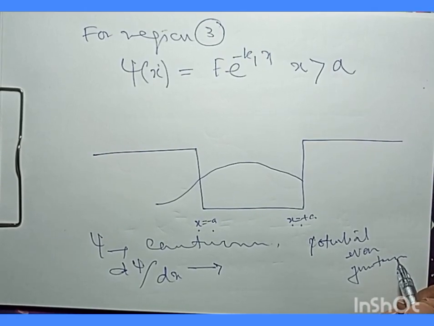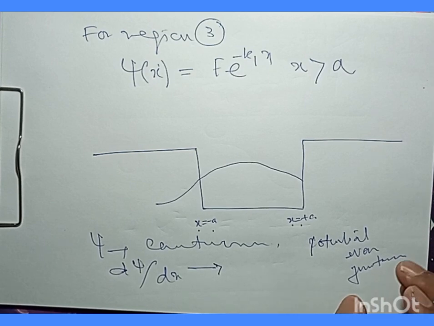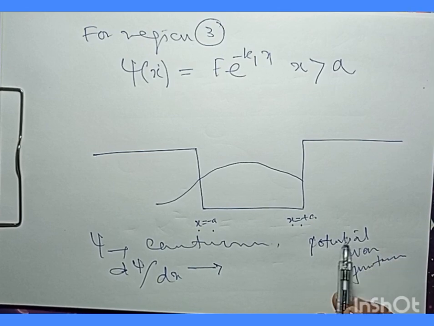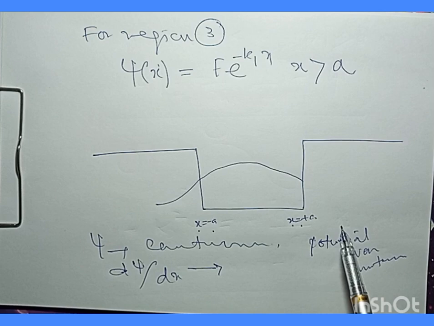So that we can assume the solution either in even or odd forms. The advantage of this is that we need only impose the boundary conditions on one side.